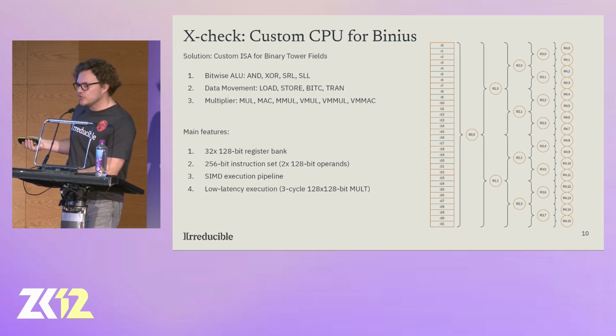Before I get into that, I'll just say that we have a 32-register bank. Each register is 128 bits because that's the maximum element size in Binius. So this is really informed from the software/cryptography side. Our instructions are 256 bits wide so that they can support 2 operands or 1 operand plus an immediate value. We feature SIMD, parallel executions, obviously, and it's all very low latency.